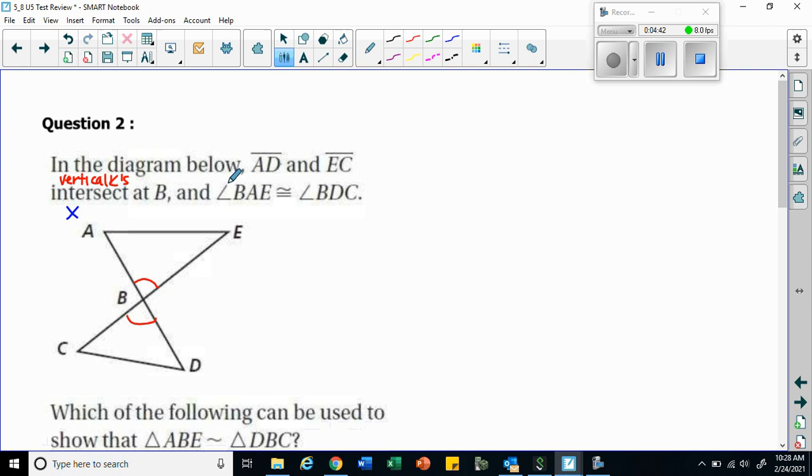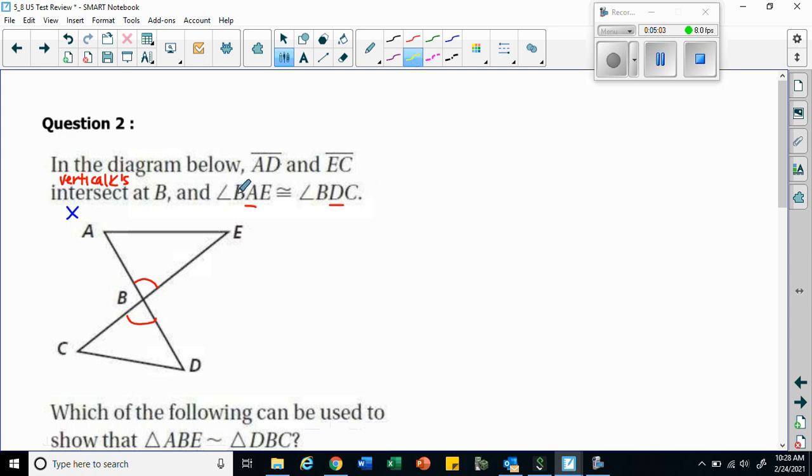And it says that angle BEA, so let's do BEA. Remember, when you have three letters, your middle letter is the actual angle they're referring to. It is congruent to angle BDC. Remember, if there are three letters, your middle letter is your actual angle.